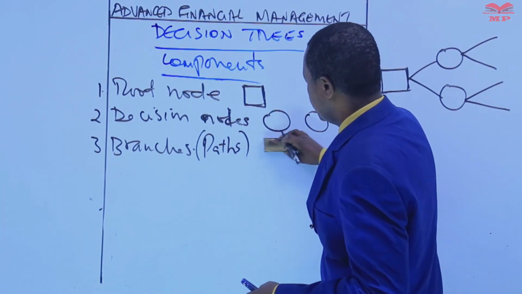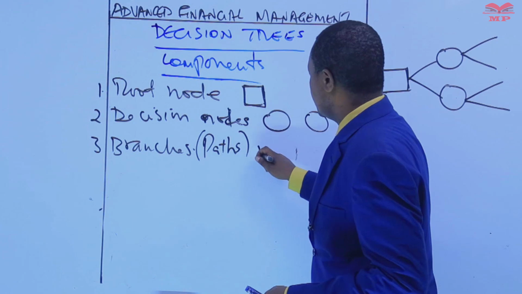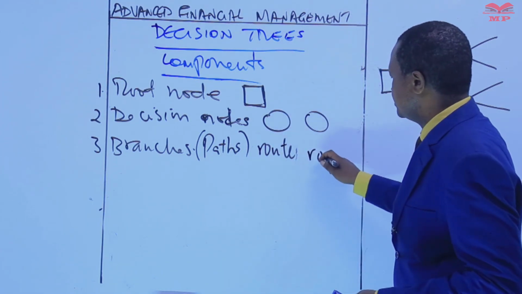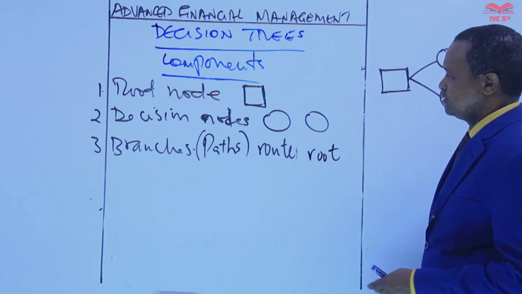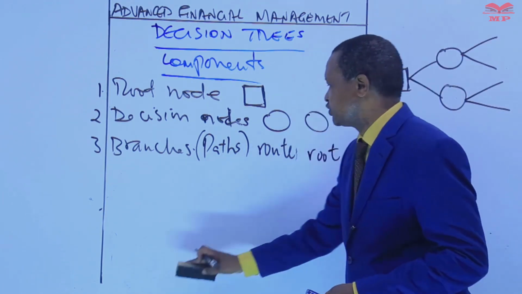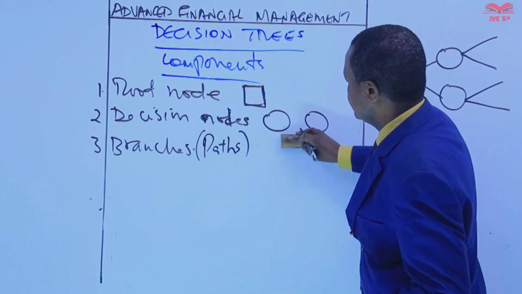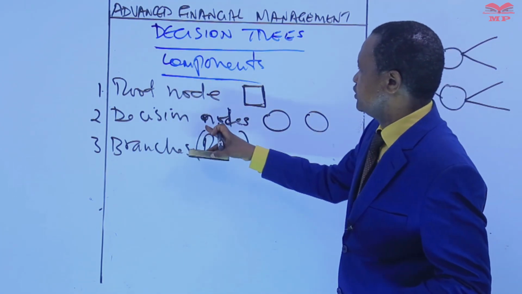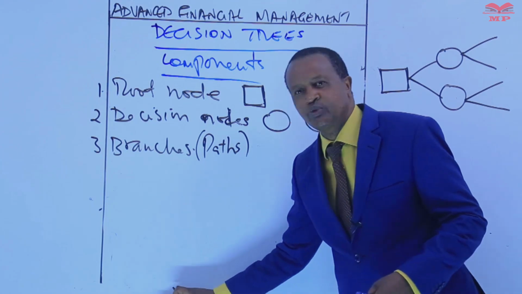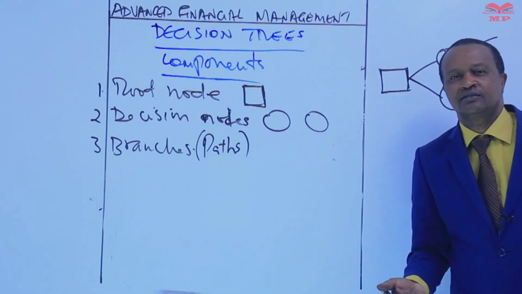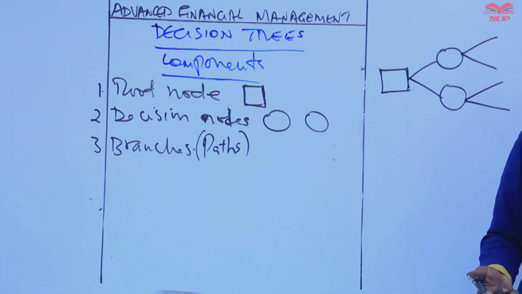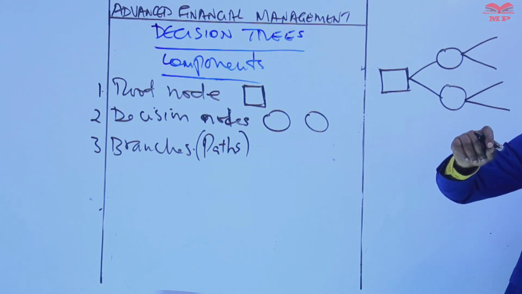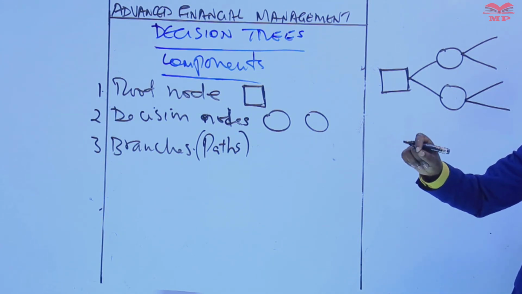When I say root, I'm referring to this root, not this. So a tree has roots, it has nodes, then branches, which are paths, all right? That lead from decision nodes.